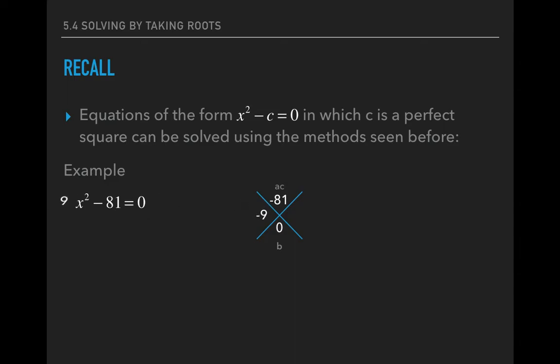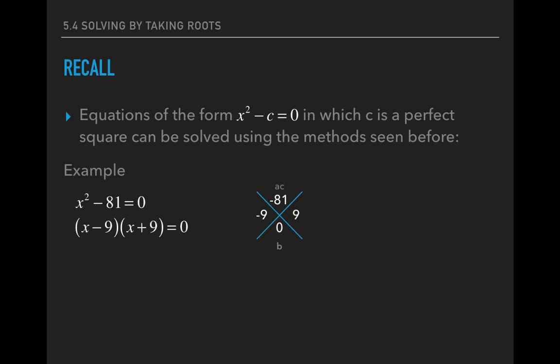Well, that would mean they'd have to be opposites of one another to give you the sum of 0, and that's going to be negative 9 and positive 9. So our two factors are x minus 9 and x plus 9. You could FOIL that and simplify, and you would see that it would take you back to the original problem.